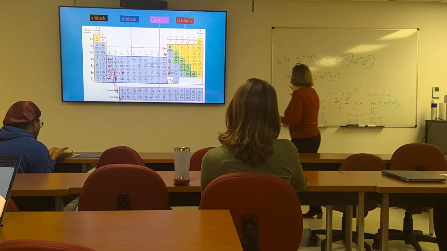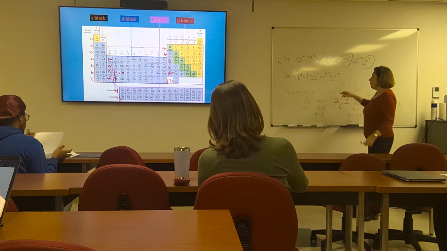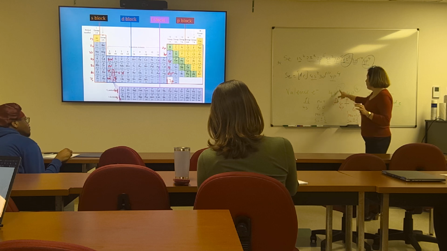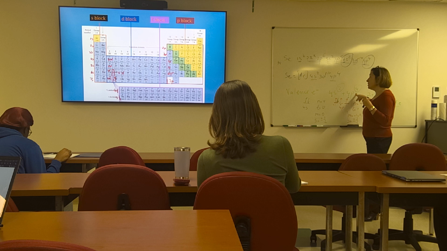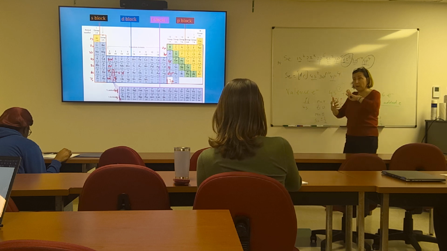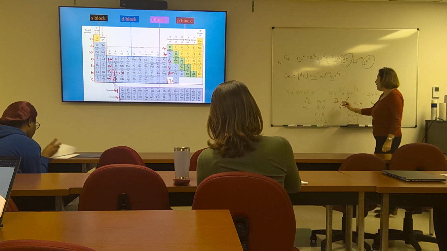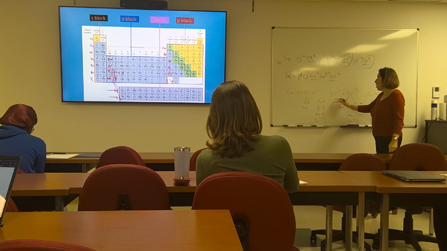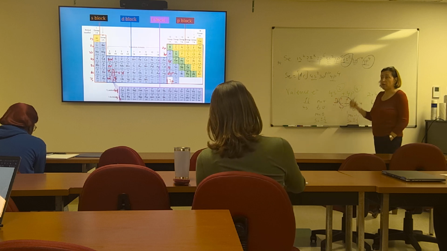So if you look at selenium, the valence electrons are 4s2, 4p4. If you divide this by 2, you're gonna have a pair here and 2 pairs here, but it doesn't work like that because of Hund's rule. So this 4s2 is completely occupied, they're paired up, the 2 electrons in an orbital. And then here you have these 2 here are paired up, but you have these 2 here that are not paired up.